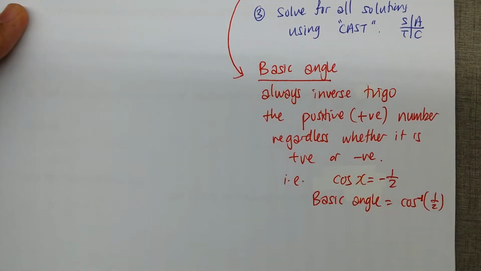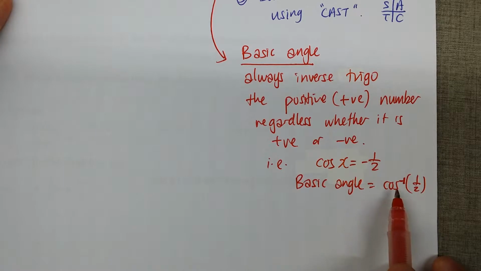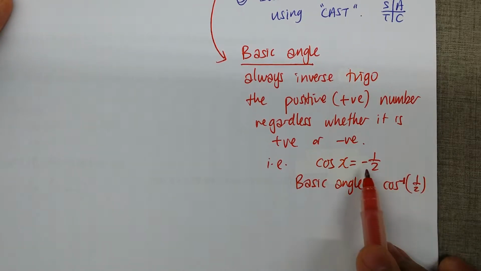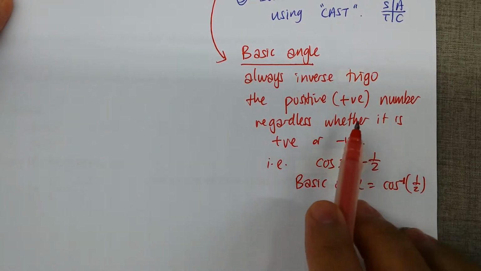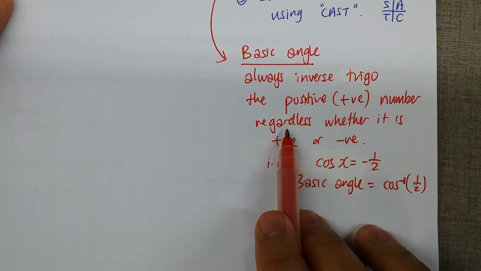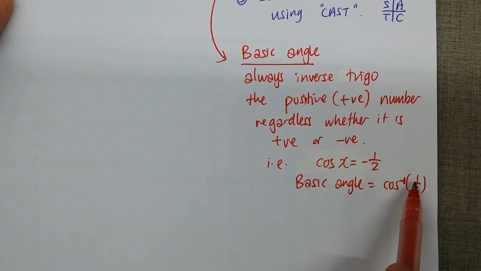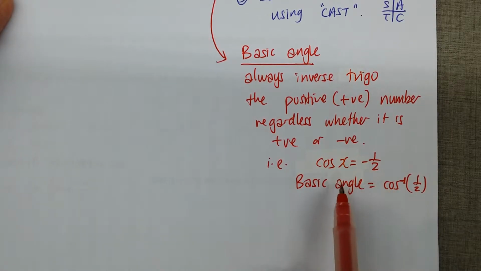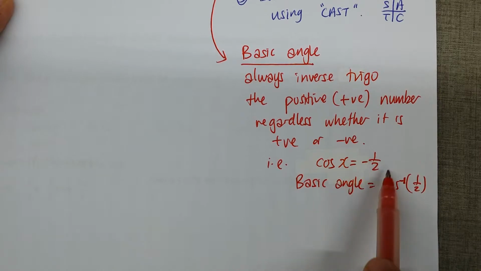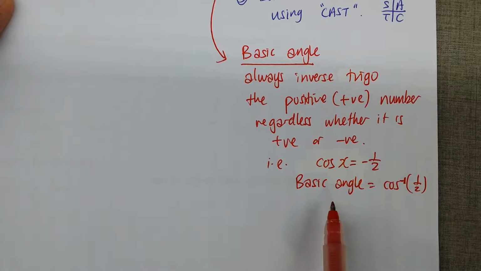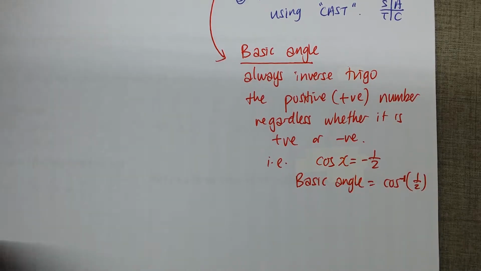To find the basic angle, always trigo inverse the positive number only, even if this is negative, because I mentioned here, regardless whether it's positive or negative. If you trigo inverse the negative version, you're actually finding a principal value. But now, to solve the equation, we are finding the basic angle. So this is a very important note.